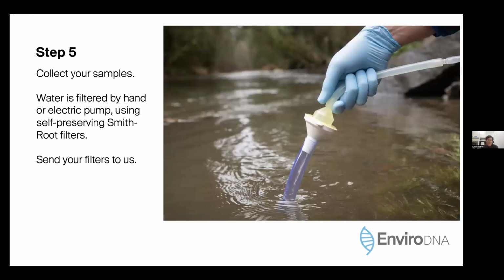For sampling, we provide consumables to do this, although it's not necessary that you use them, but it's quite simple. For the most part, if you're doing it at large scale, you will want to use pumps, and these filters that we stock from Smith-Root, for which we are the provider in the Australia-New Zealand region, are fantastic in that they are self-preserving.